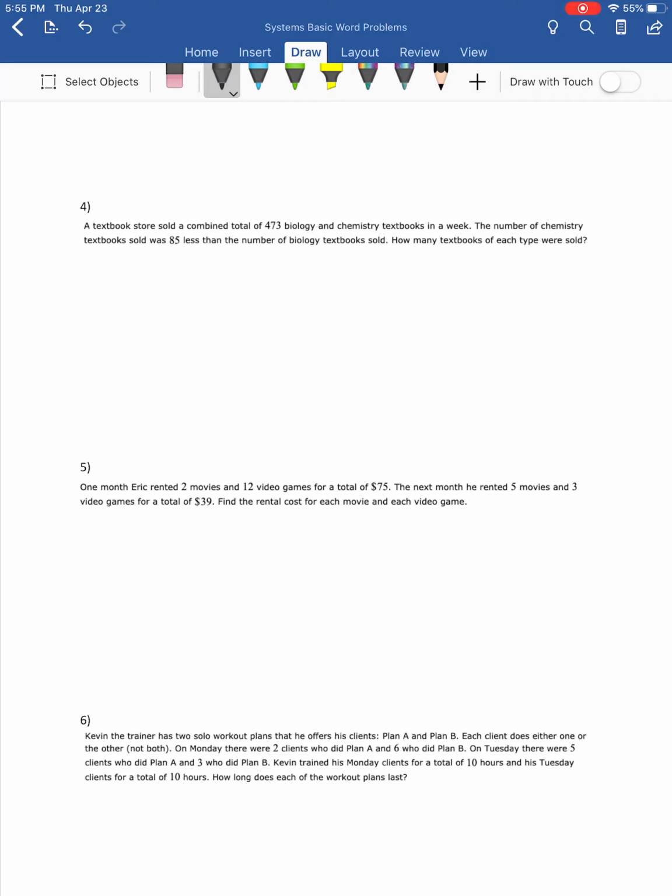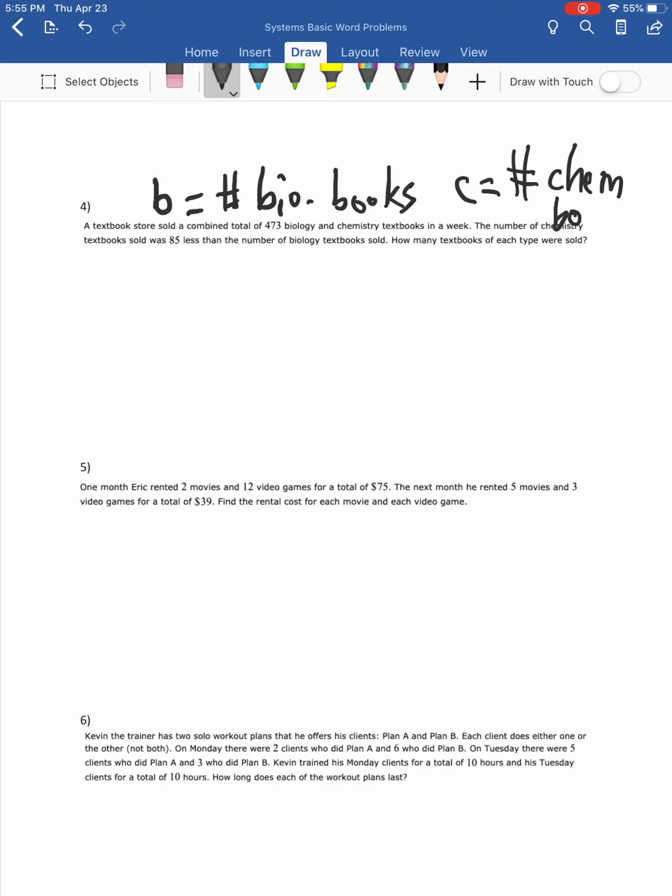How many textbooks of each type were sold? So for this one, I'm going to say B is going to stand for number of biology books. I'm going to say C is going to be the number of chemistry books. Okay, you don't have to use x and y.